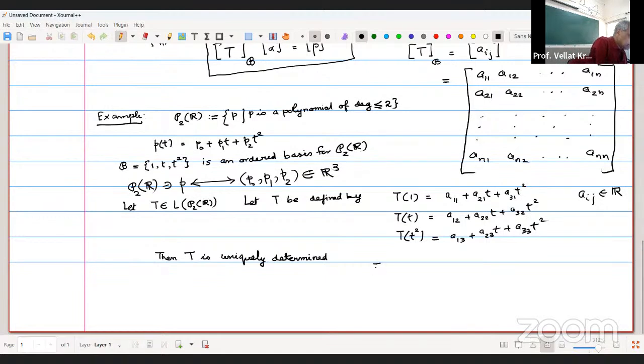Then the matrix representation for T with respect to the ordered basis B is given by the 3x3 matrix A11, A12, A13, A21, A23.